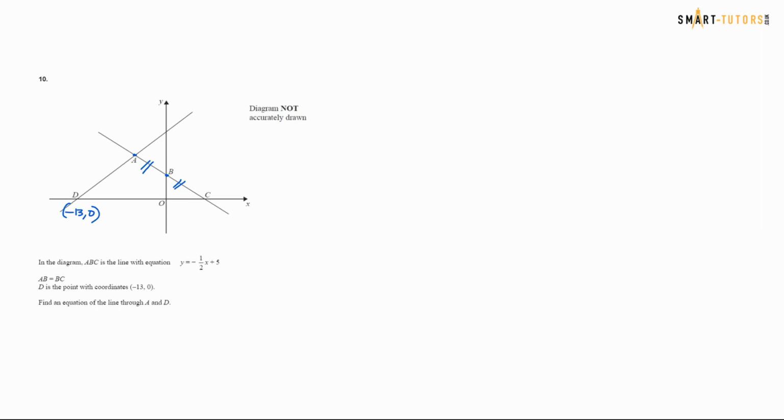So first of all, B coordinate is from the line y = -1/2 x + 5. So the intercept is 5, so (0, 5) is the coordinate of B. So I'm taking that equation, y = -1/2 x + 5.